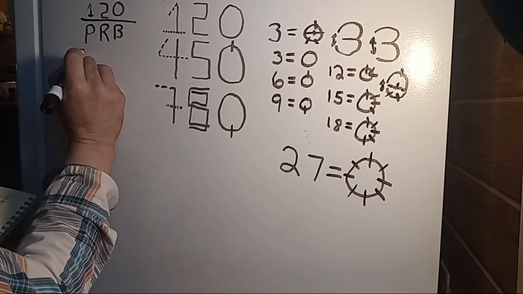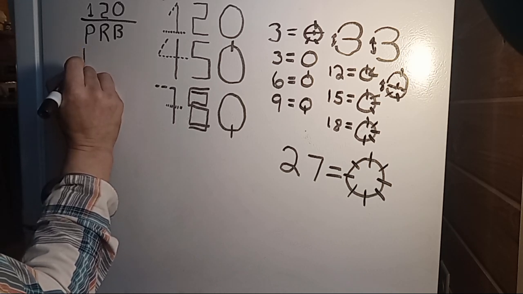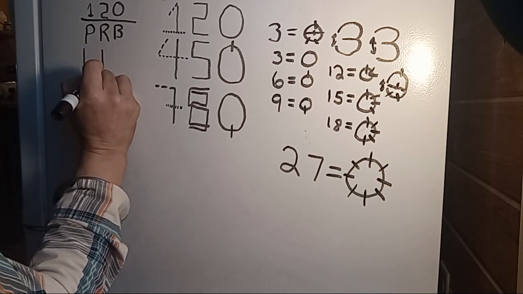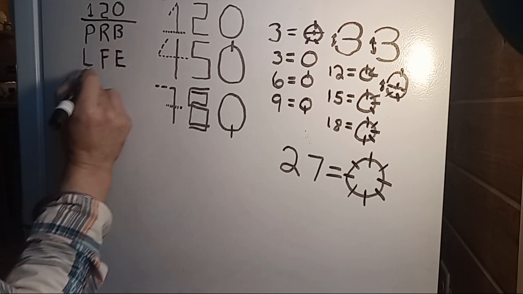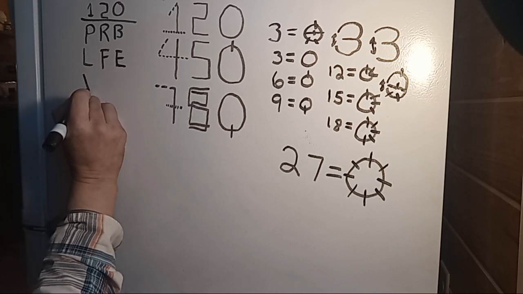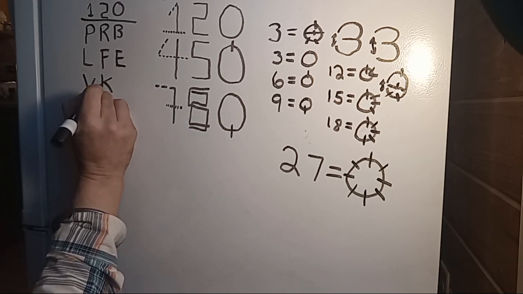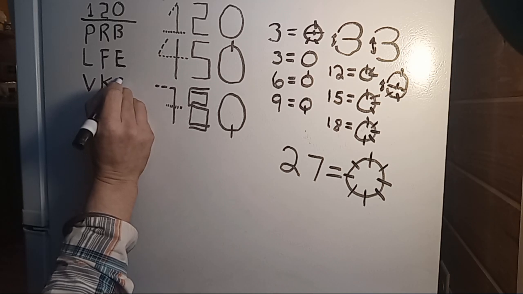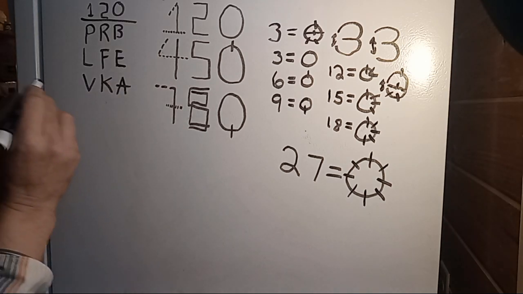If we start with the L, F, E. 1, 2, 3. We have the V. We repeat the V, but add a line, and then we move the line through the V for the A. 1, 2, 3.